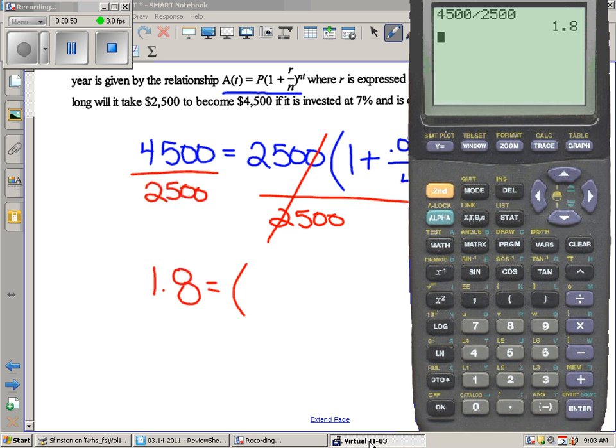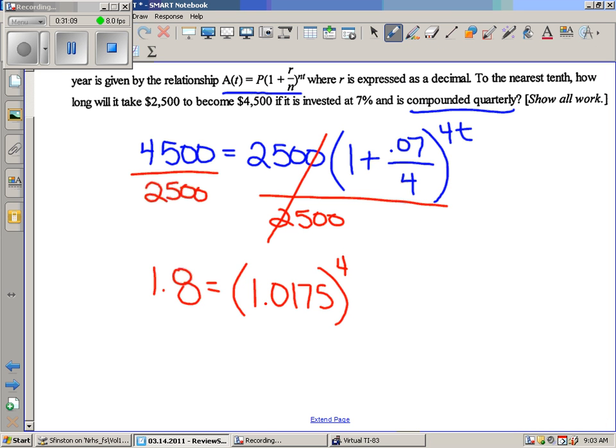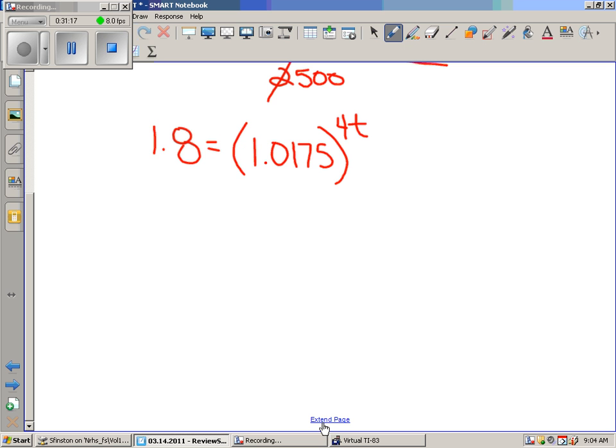0.07 divided by 4. What is 0.07 divided by 4? That's perfect. So this is going to be 1 plus 0.0175, that's going to be 1.0175. What do we do? You've seen this before. The exponent is stuck up top. Log it up.